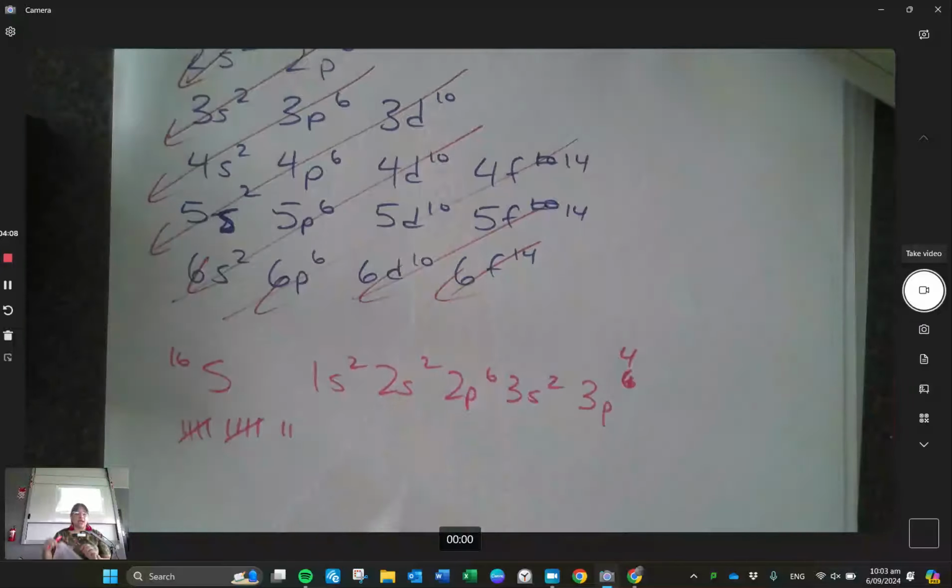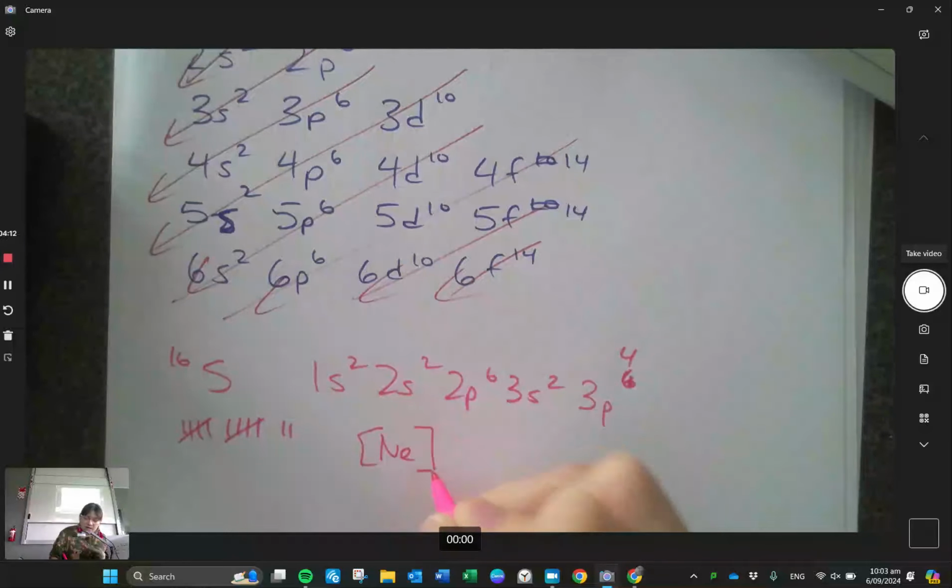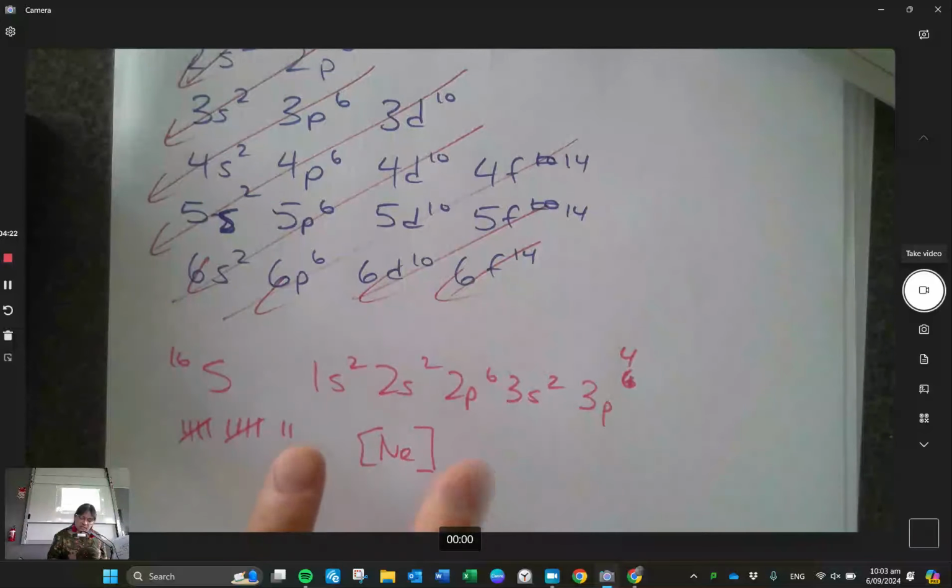So if you want, you can shorthand this by writing neon, Ne. Now, neon has the atomic number of, I want to say 10. 2, 3, 4, 5, 6, 8, 9, 10. It has the atomic number of 10. So what I can do then is this here adds up to 10. So I can just shorthand the rest of it.